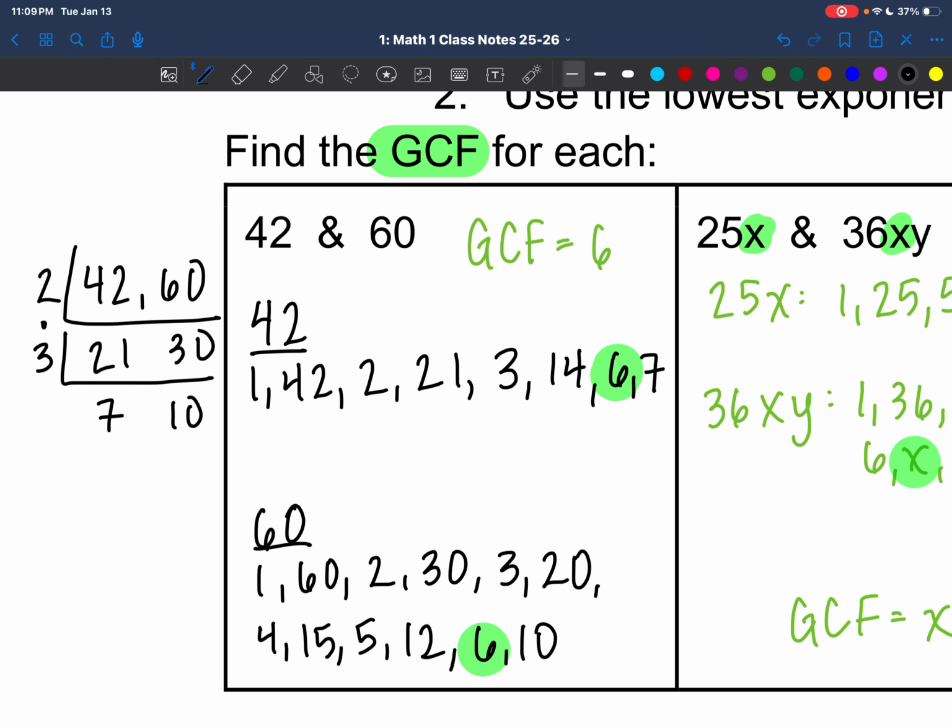Multiply the 2 and the 3 together, and that is your GCF. So that's one way to do it. There's also the ladder or birthday cake method too. But basically you have to list the factors.